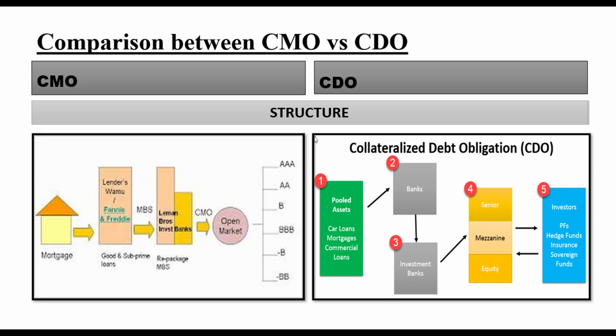Securities backed by these subprime mortgages were not Ginnie Mae guaranteed. And so as borrowers began to default on those subprime mortgages, the lower rated CMO tranches started to lose value. So many of the lower rated CMO securities were used as collateral for the creation of CDOs.